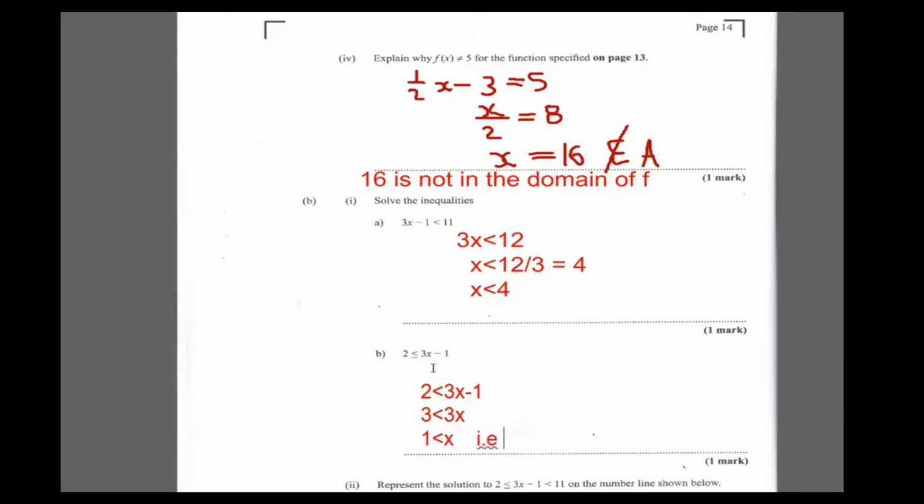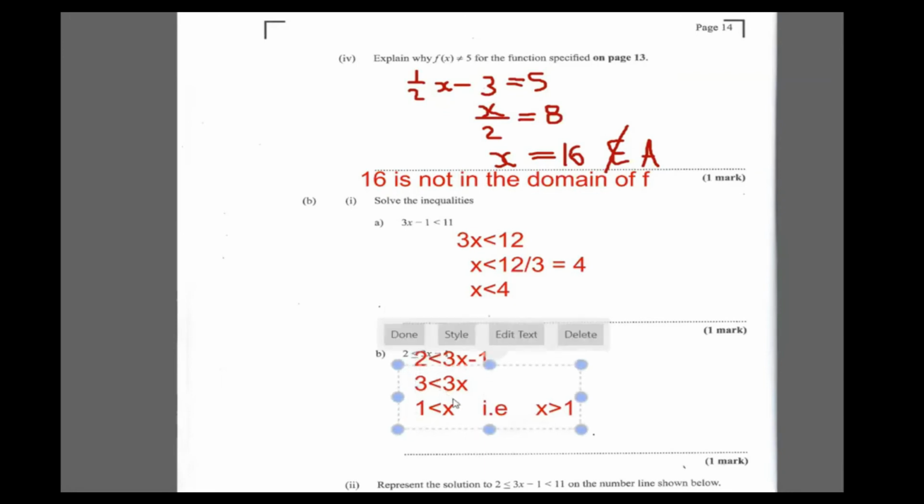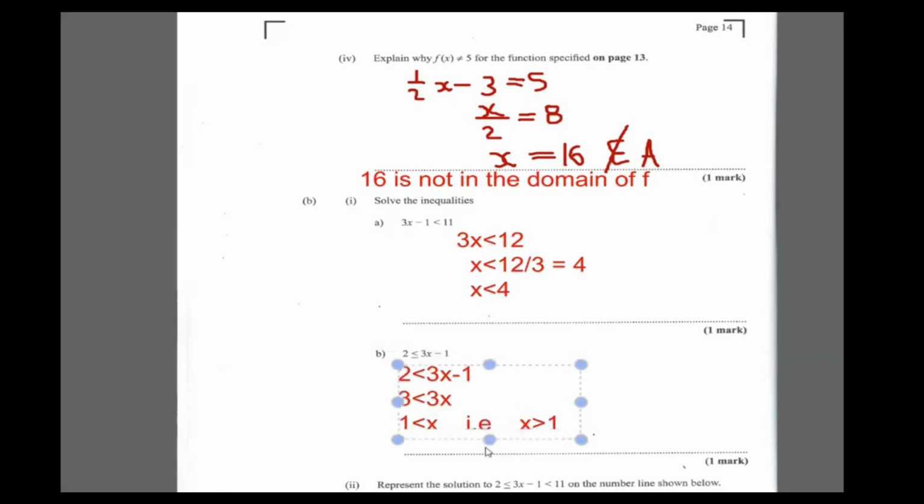We can put it this way: x is greater than or equal to 1. I left off the equal to, so I'm going to put it on now. x is greater than or equal to 1.